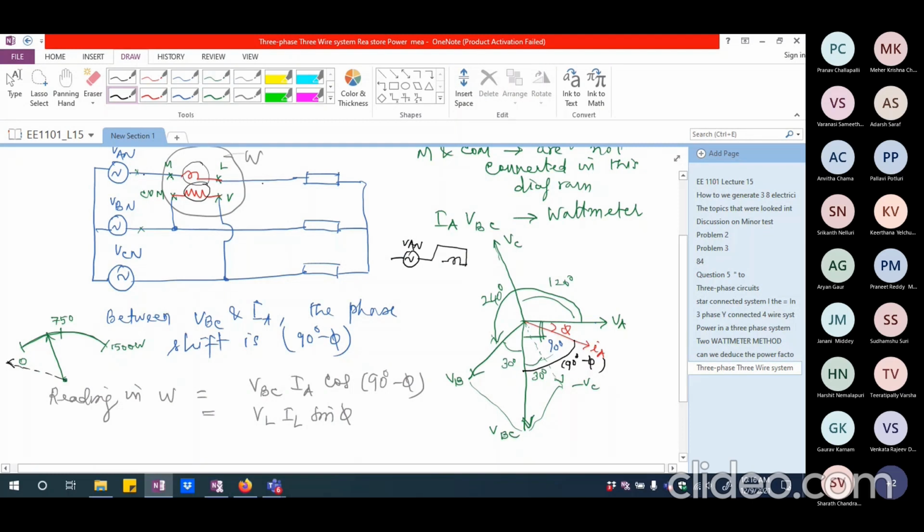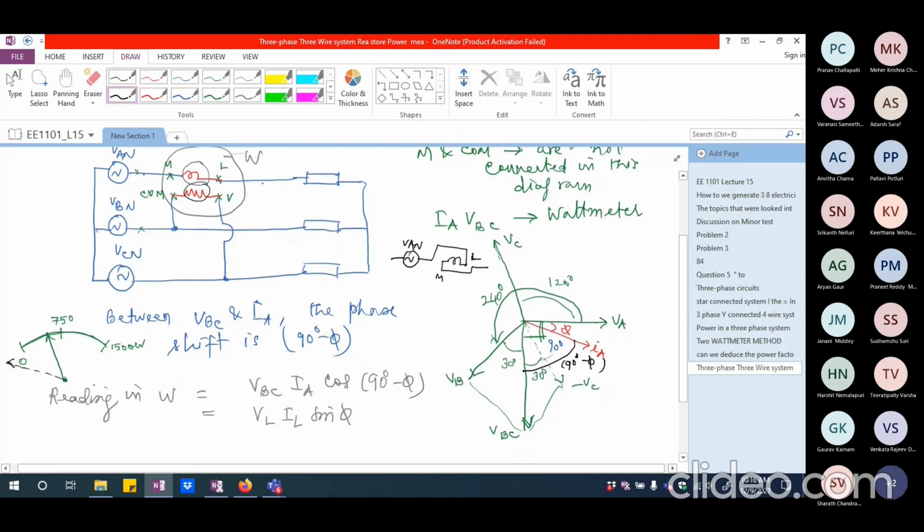Now I'm going to connect it here and connect this here. So this was my M and this was my L. L has been now connected towards the supply and M has been connected towards the load. But the potential coil should be allowed to remain the same way. So either I reverse the potential or I reverse the current coil. One of them has to be reversed, in which case whatever is kicking back, it will come back to its original position.